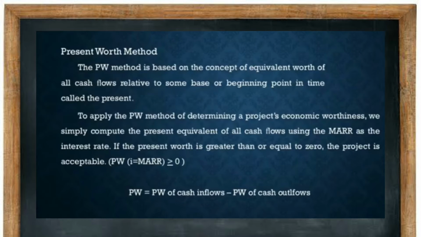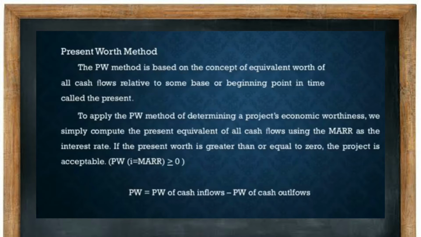So, we have the present worth method, and it is based on the concept of equivalent worth of all cash flows relative to some base or beginning point in time, called the present. So in order to apply the present worth method of determining a project's economic worthiness, we simply compute the present equivalent of all cash flows using the MARR, yung kanina, as the interest rate.